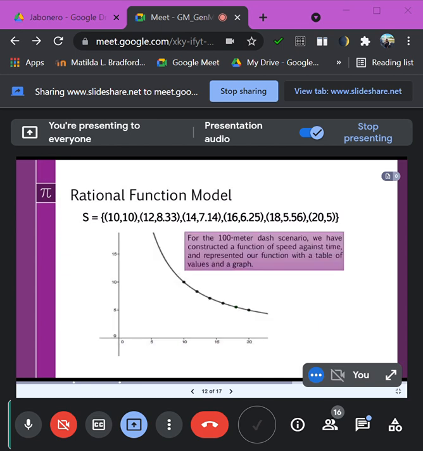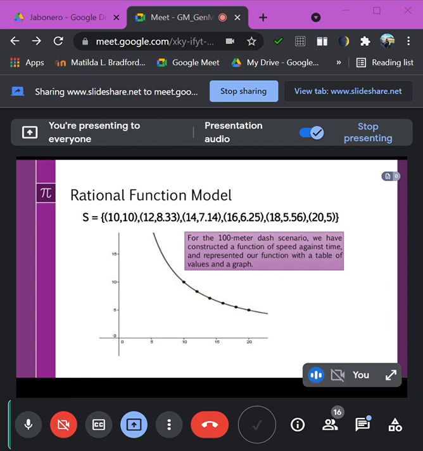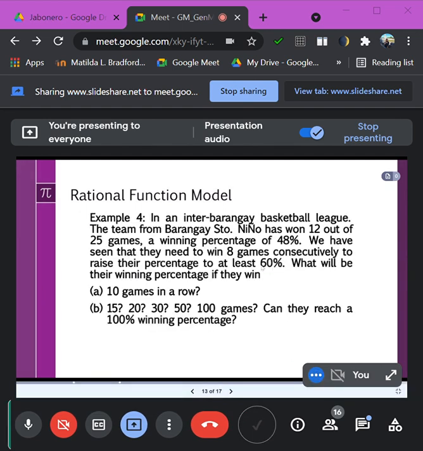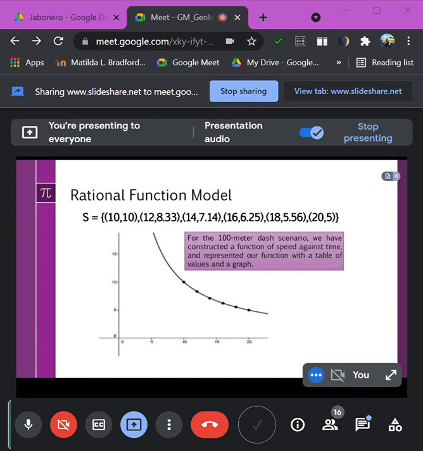For the 100-meter dash scenario, we constructed a function of speed against time and represented it with a table of values, a graph, an equation, and ordered pairs. Now class, do you have any questions on the representations?